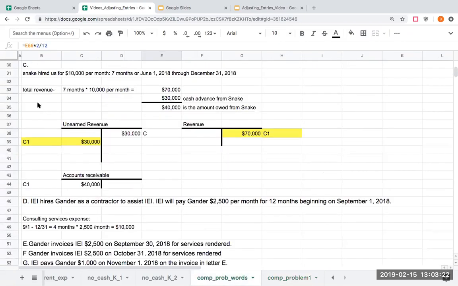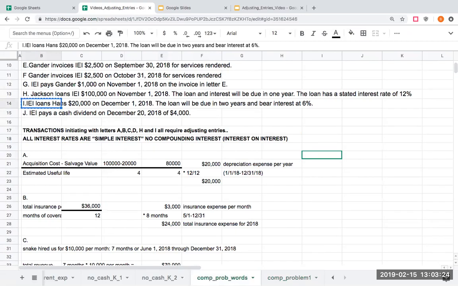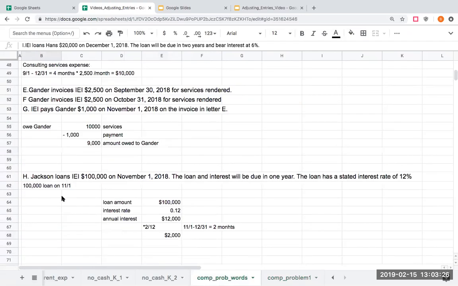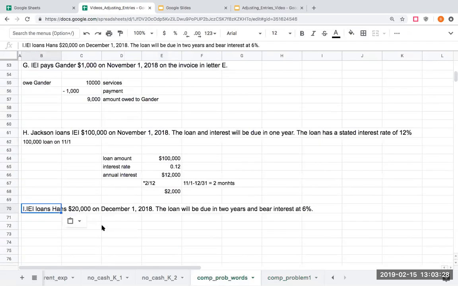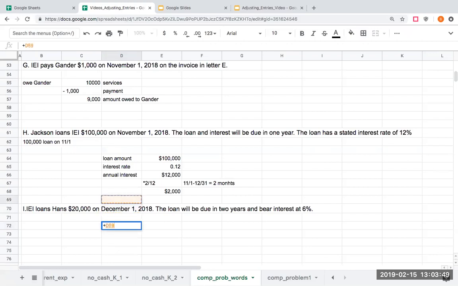So letter I: I am loaning $20,000 to Hans. And so similarly here, the original transaction is I debit loan receivable and I credit cash because I'm giving them money. Even though Hans is not paying me, I have really earned some interest on this loan from an accounting standpoint because time has passed.